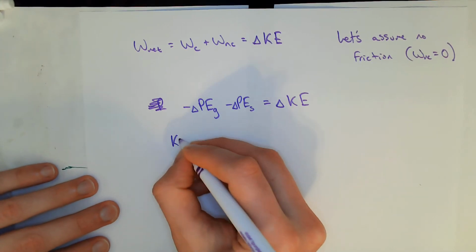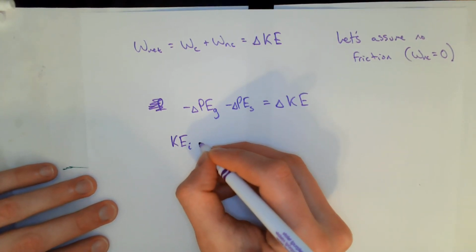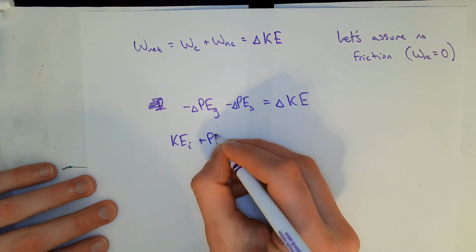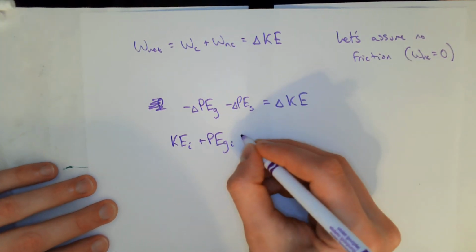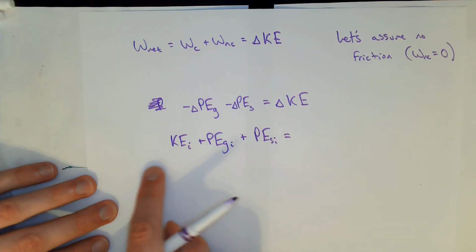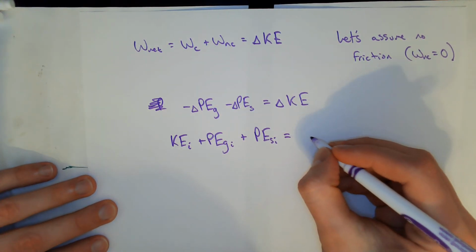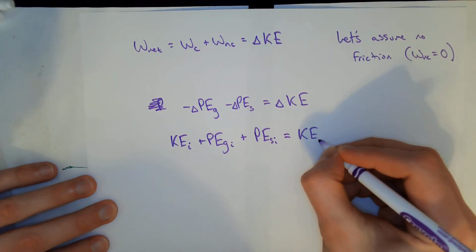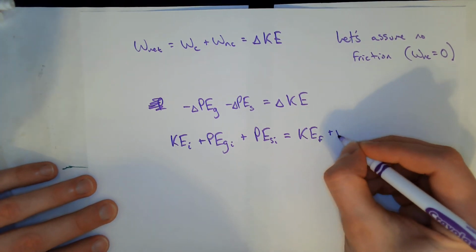Basically, it comes down to this relationship, which is how the slides did it, which is stuffing all of the initial stuff on one side because they all have the same sign. It's just another way to write down this stuff, and then stuffing all of the final stuff on the other side.